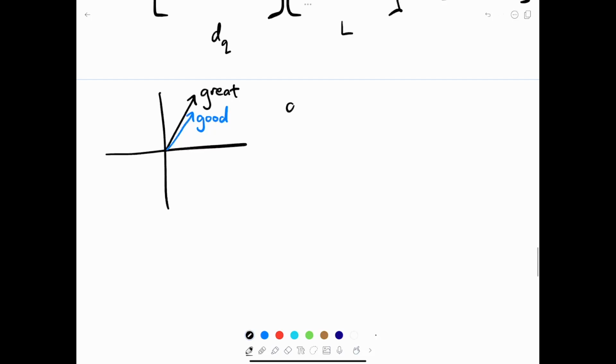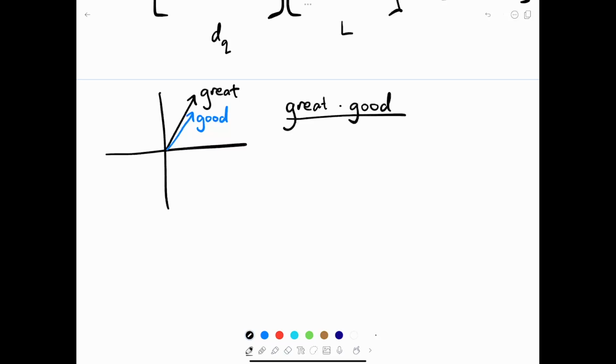So as an example, if we have a vector in 2 dimensions, and this is the vector for the word great, then we might expect the vector for the word good to be very similar to great, except maybe a little bit smaller magnitude. And so the dot product between great and good may be very high.